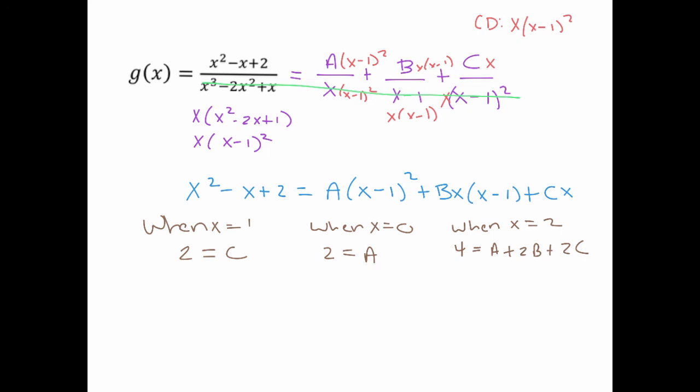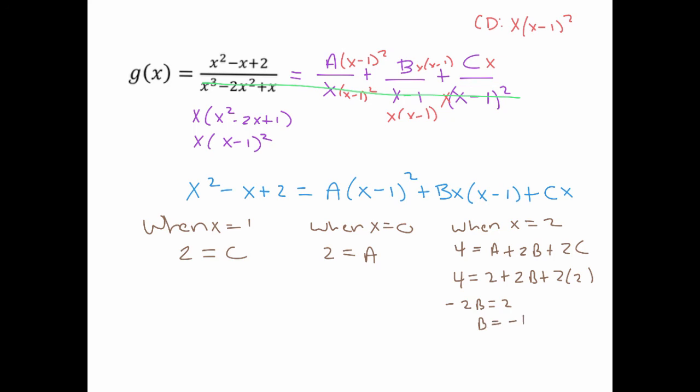Now, of course, this has 3 unknowns in it, but we already know what a and c are, so we'll just plug those in. 4 equals 2 plus 2b plus 2 times 2, and solving yields that negative 2b equals 2, and that means that b equals negative 1.